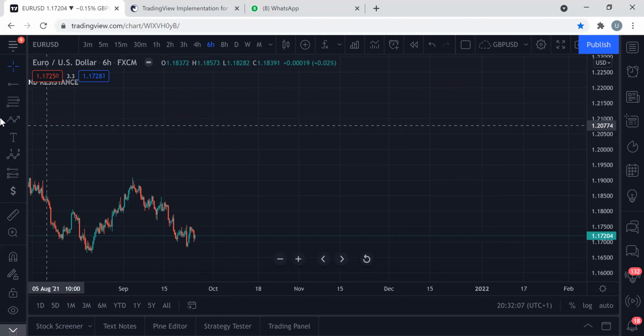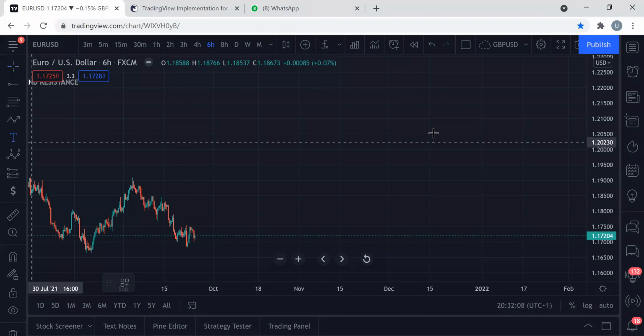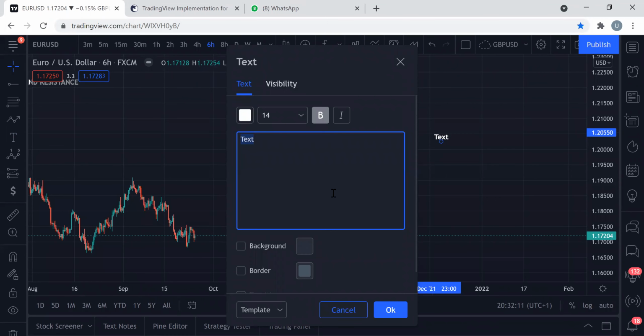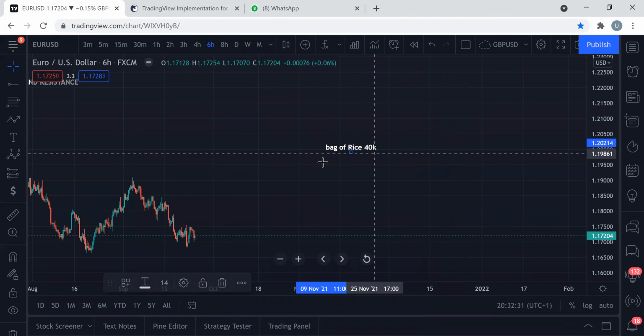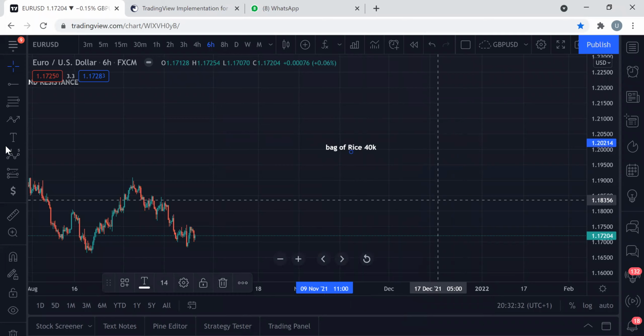Let's assume this year we sold a bag of rice for, let's say, 40k. You understand? 40k. Then the following year, this is the highest price a bag of rice got to this year.